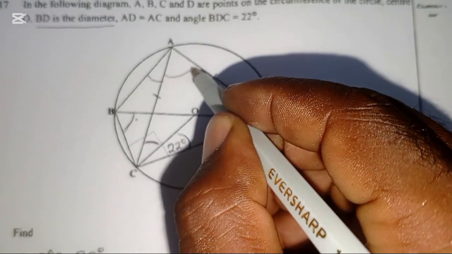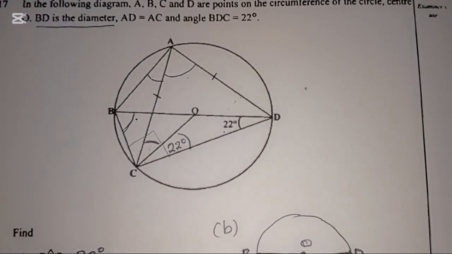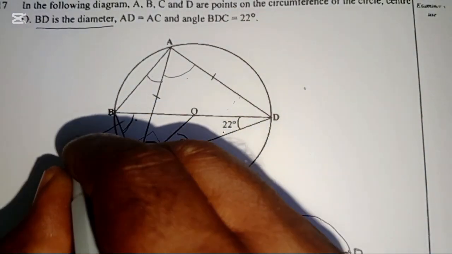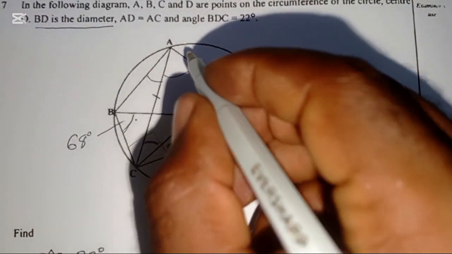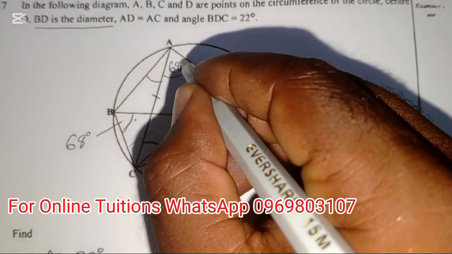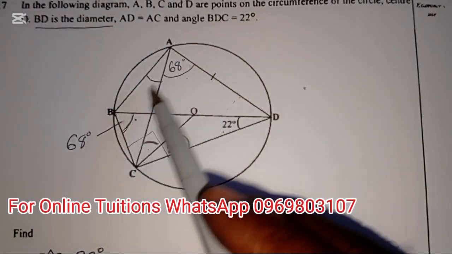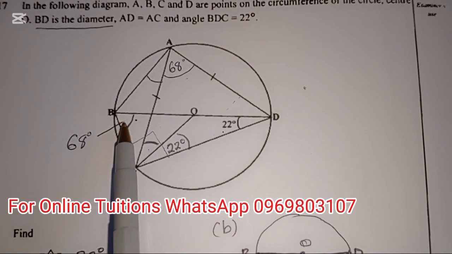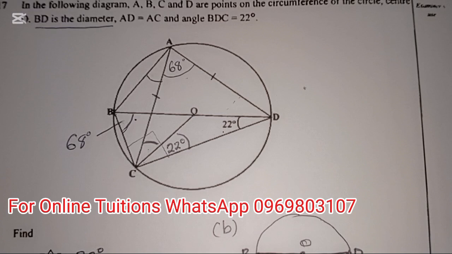So this angle is 68. So where is that 68 coming from? This is 68 degrees and this is 68 degrees. Angles subtended on the same segment are equal. So we have this angle 68 degrees, and this angle also is 68.